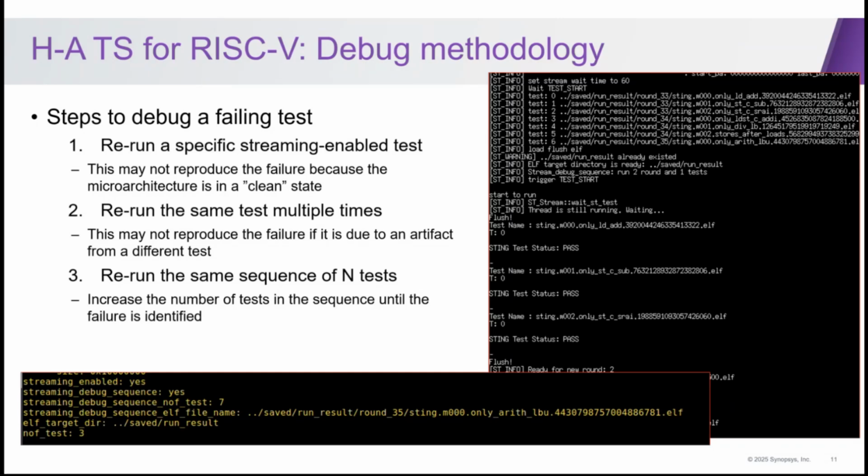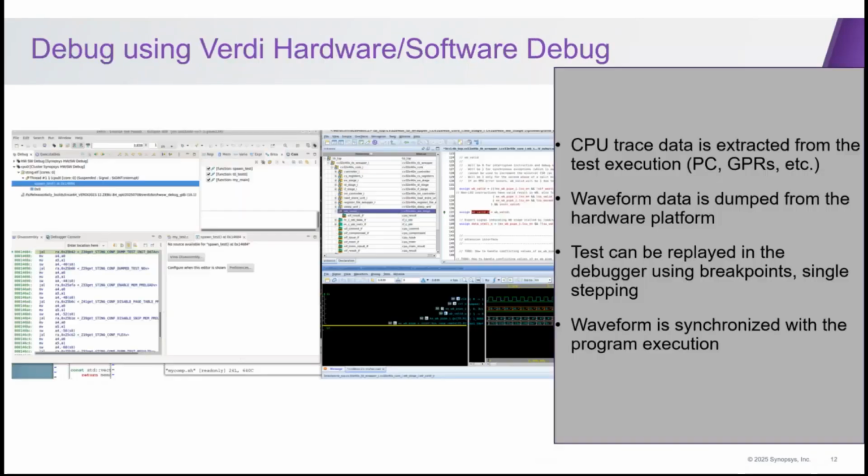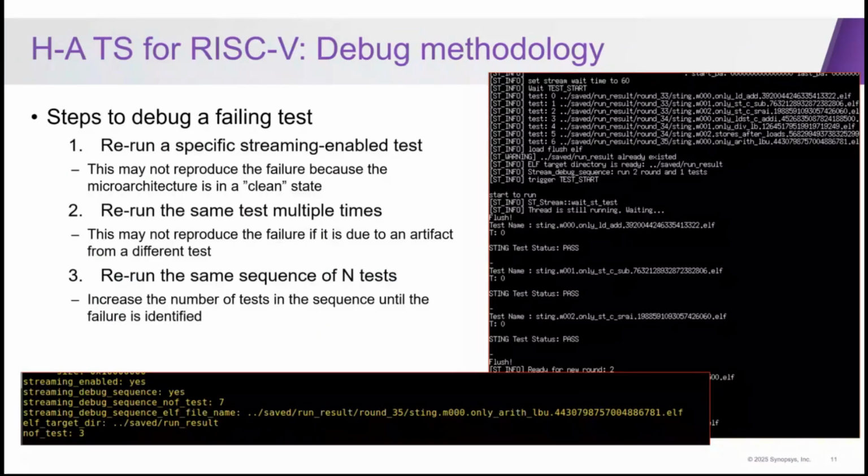So in our flow, we allow the user to specify, okay, I only want to run this specific test, still in streaming mode. So the usage is the same. You run the whole streaming mode or you run a specific test. We are using a unified interface for the user. And we hope it will help you reproduce it.